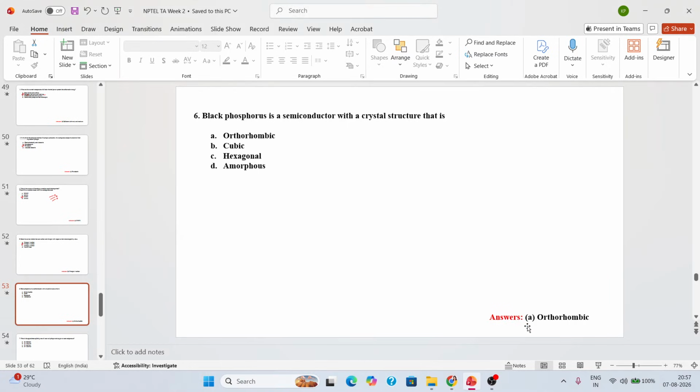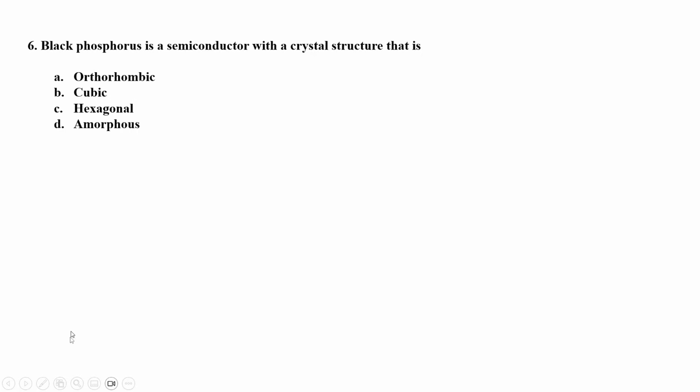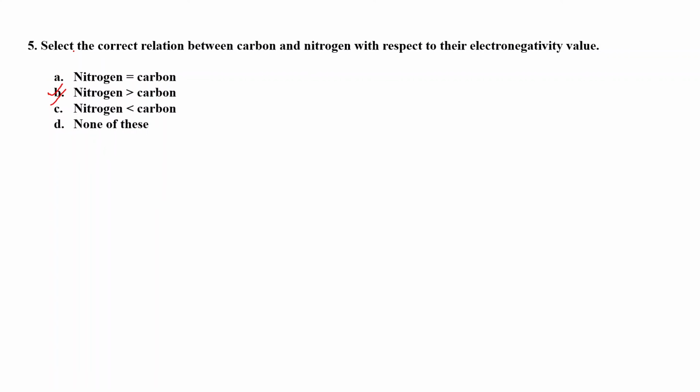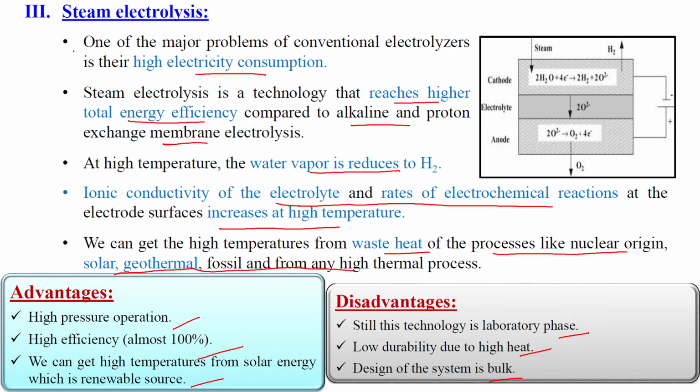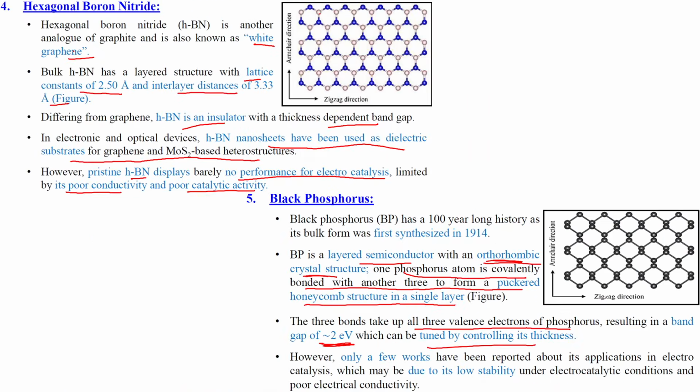Yeah, the answer is orthorhombic. Let me show you. So here we have studied black phosphorus. It has an orthorhombic crystal structure. Okay.